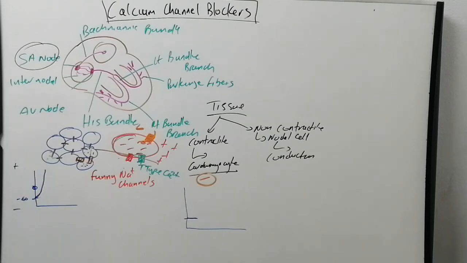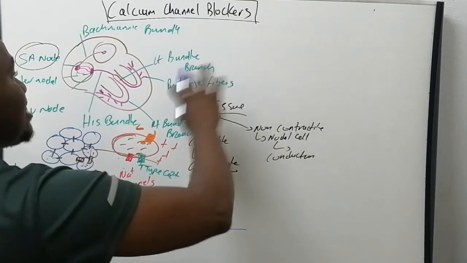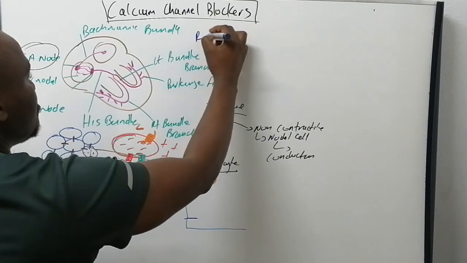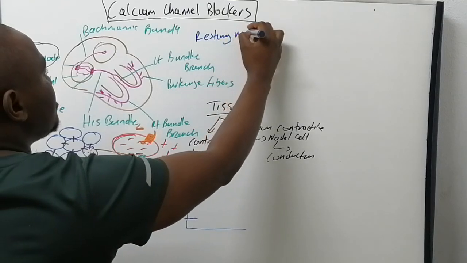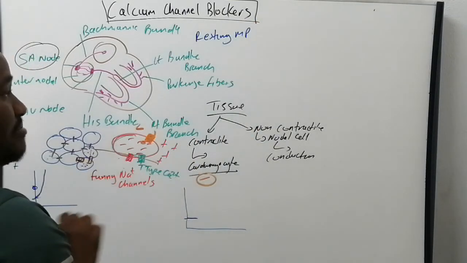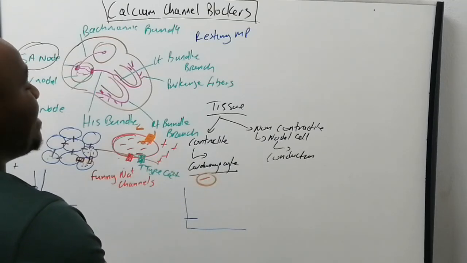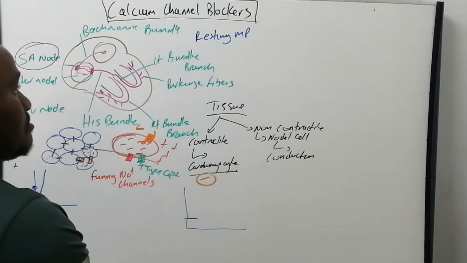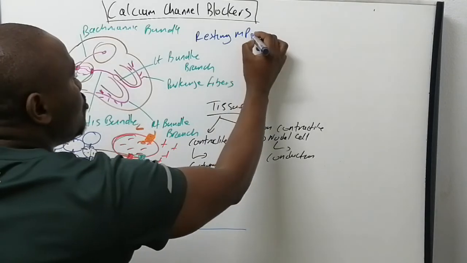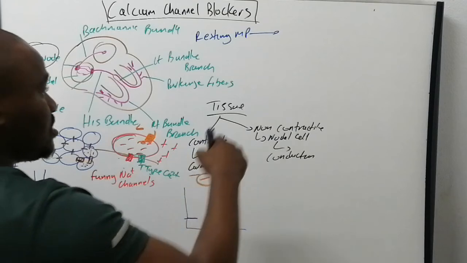What is important, guys, that you must also keep in mind is that when the cells are at rest, they have what is called a resting membrane potential. Nothing is happening there. Most channels are closed. But once you get positive ions coming into the cell, you are going to push this resting membrane potential to a threshold potential.